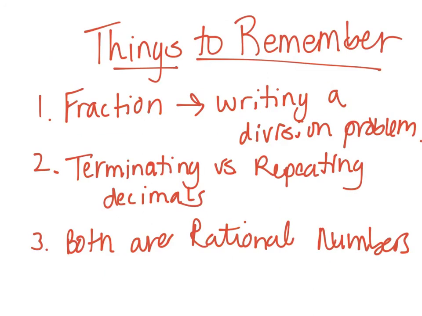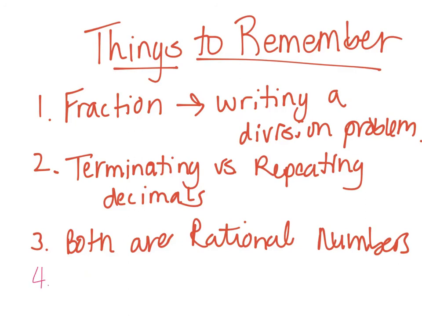So things to remember. A fraction is the same thing as writing a division problem. Every fraction can be written as a division problem and turned into a decimal. You need to know the difference between terminating and repeating decimals. Both terminating and repeating decimals are rational numbers.